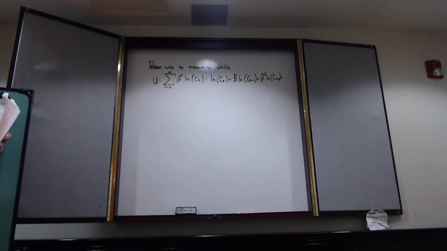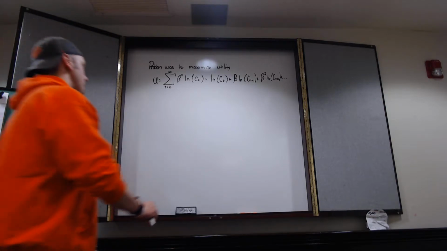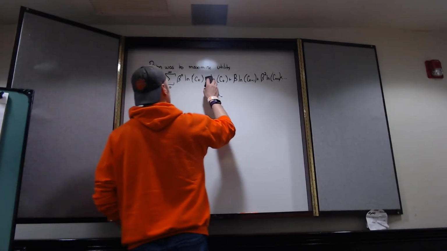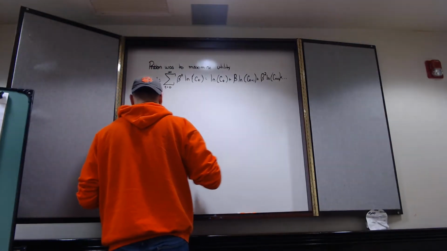For the first period it is the natural log of C_t. The second period is beta times the natural log of C_t+1. The third period is beta squared times the natural log of C_t+2, and this goes on for infinity. So this is the utility that we want to maximize over an infinite horizon. I'll keep that there for now.